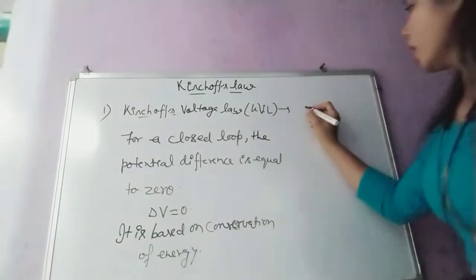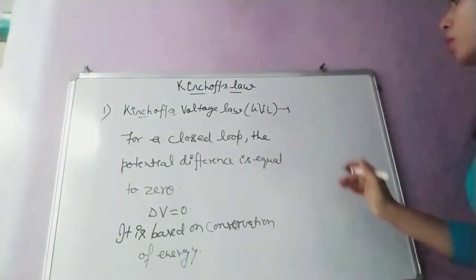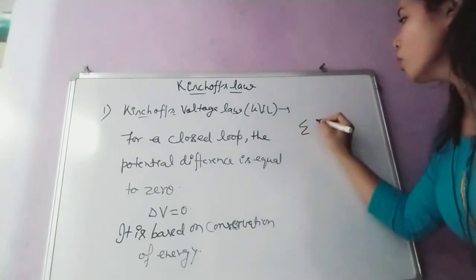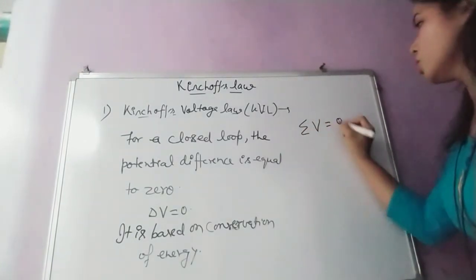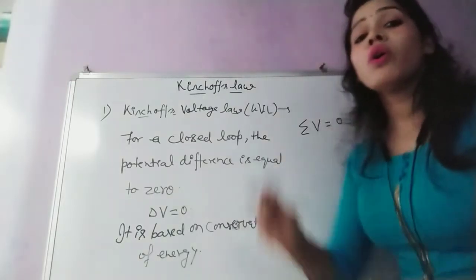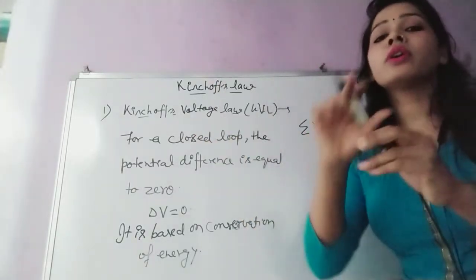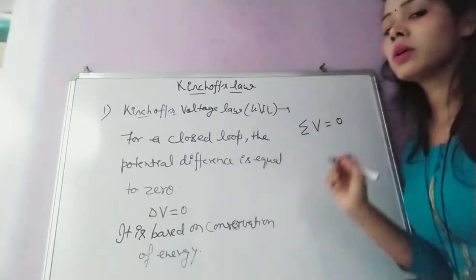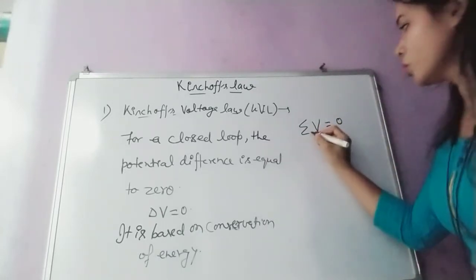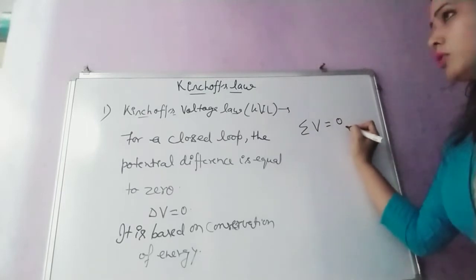Now see, another statement for Kirchhoff's law is: sum of all potentials for a closed loop equals 0. Sum of all potentials for a closed loop is equal to 0. Understood? Potential drop. So summation of V equals 0.